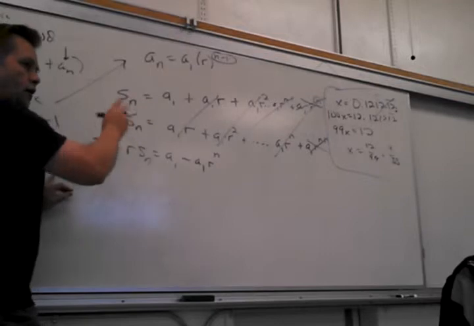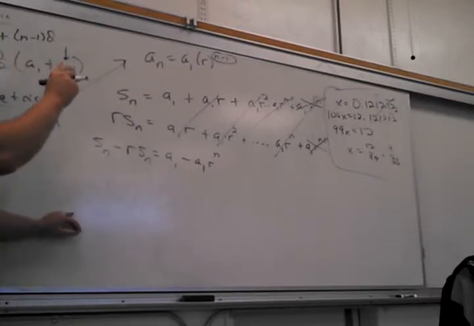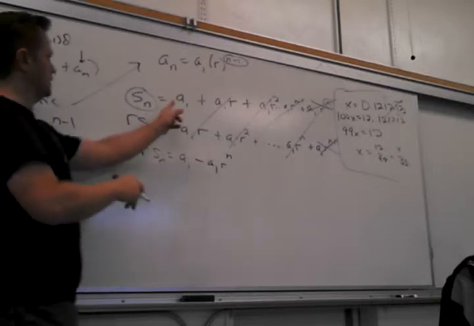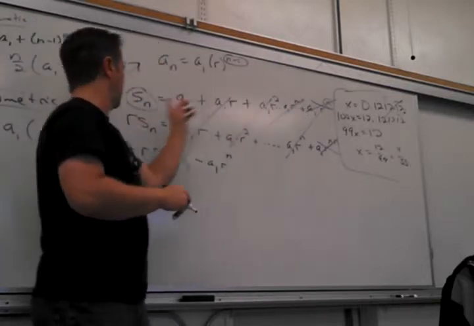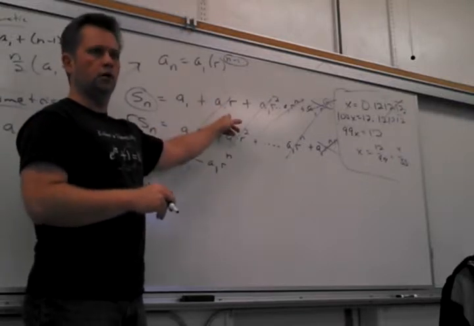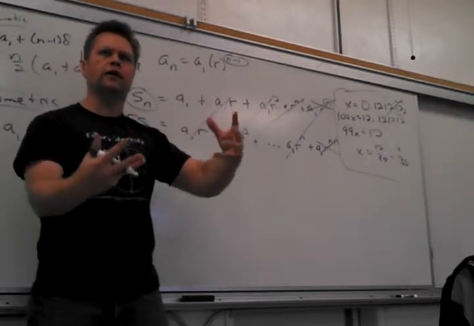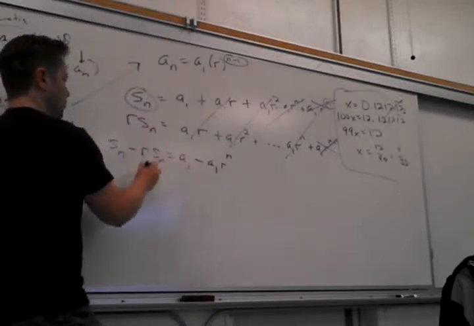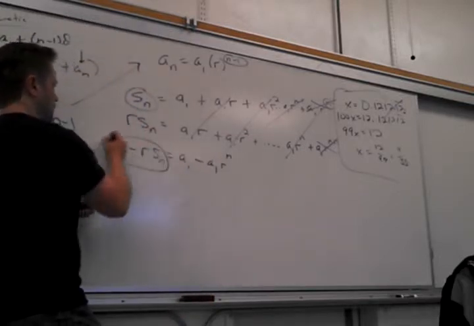Alright. So now watch, it's kind of cool. This is neat. I'm trying to figure out what Sn is. This sucks. I don't want to do this. If I want to figure out what S800 is, I don't want to do the first one plus the next one. I'd rather find a shortcut like Gauss did, right? So here we go. Now watch. What can I do with this?